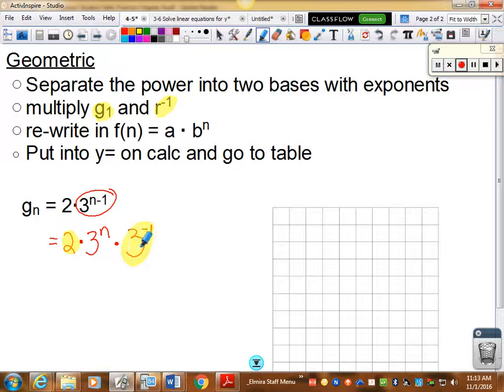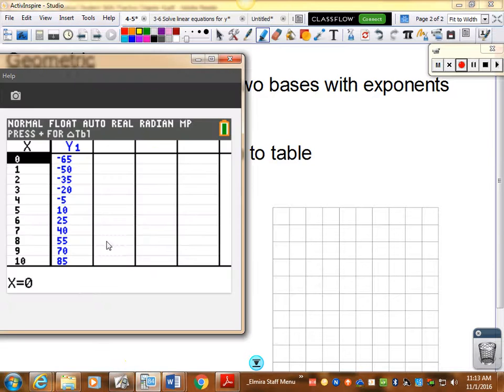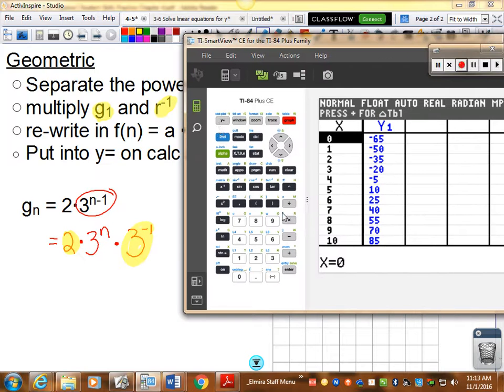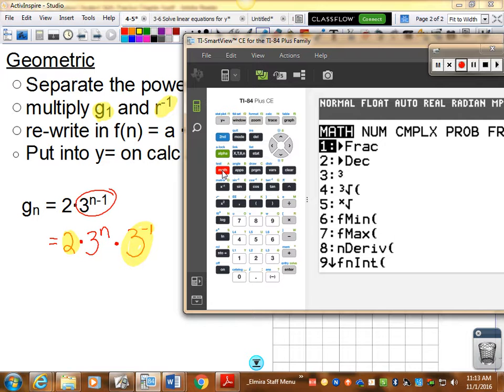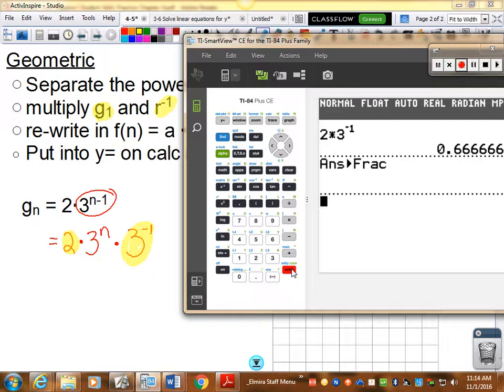Okay, so you get out your calculator, and you're going to multiply 2 times 3 caret negative 1. It's a decimal. You can leave it like that, but don't forget you can also go to the math button and convert to a fraction.